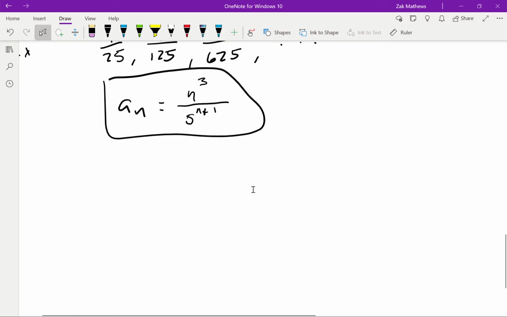So what we would say about these is that some of these sequences are converging while others are diverging. Let's formally define what it means for a sequence to be convergent.